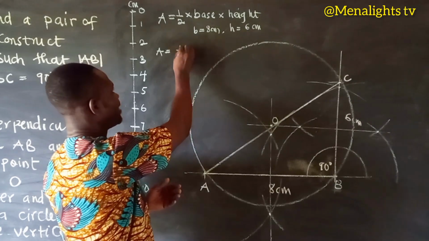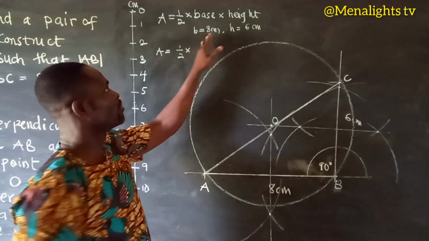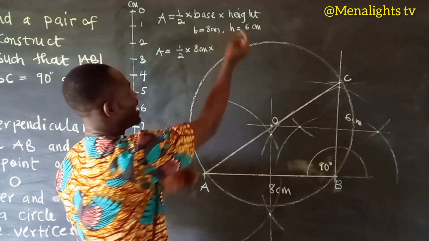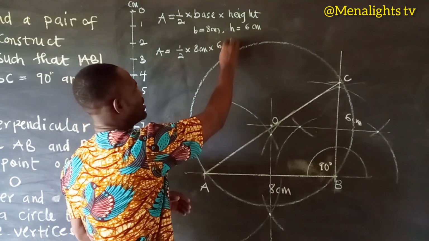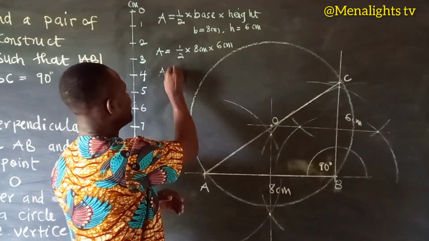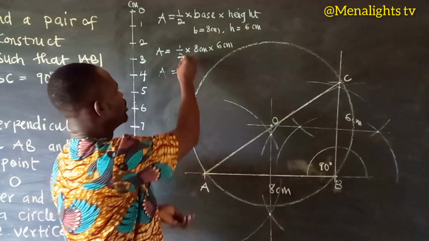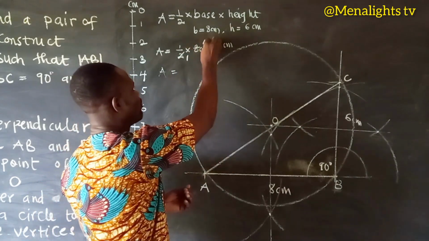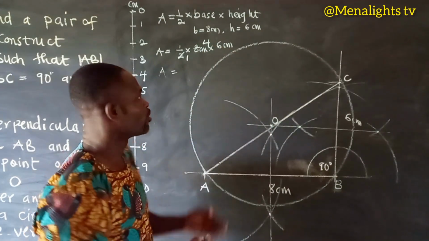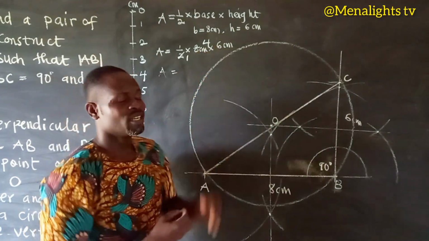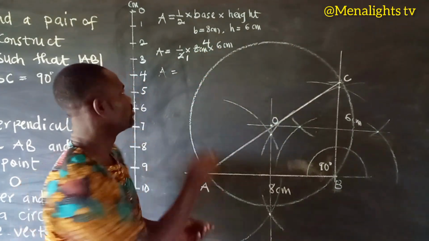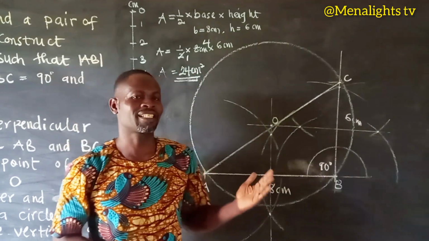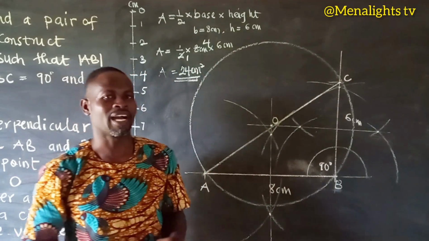Here we have half times the base, which is 8 centimeters, times the height, which is 6 centimeters. So our area is equal to, 2 going into 8 is 4, and 4 times 6 gives us 24 centimeters squared. So that is the area of the triangle that we have drawn.